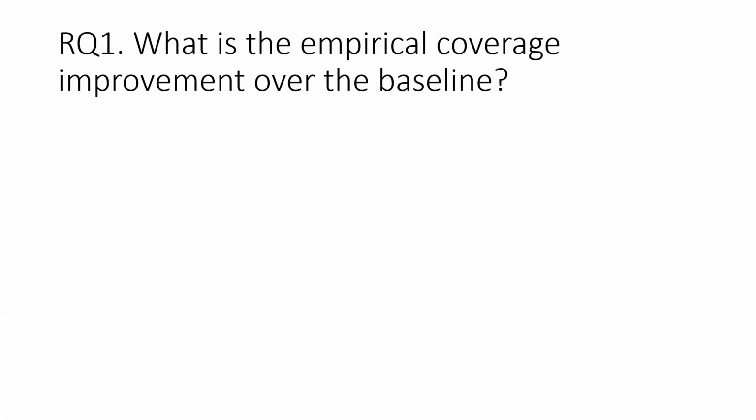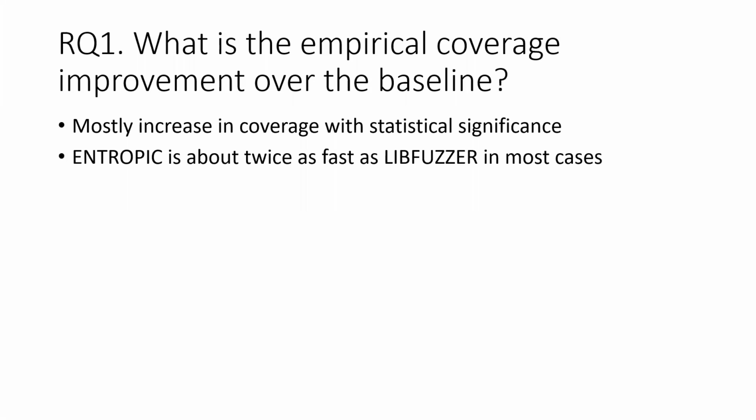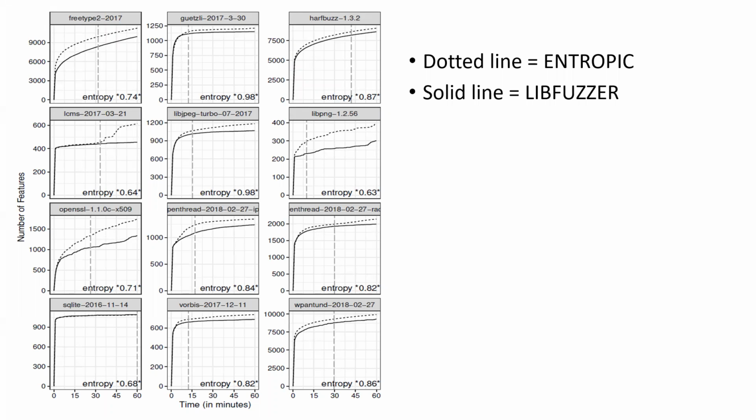So for the first question, what is the empirical coverage improvement over the baseline? From the results you'll see later, mostly there's an increase in coverage with statistical significance, and Entropic is also about twice as fast as libFuzzer in most cases. So here are some results.